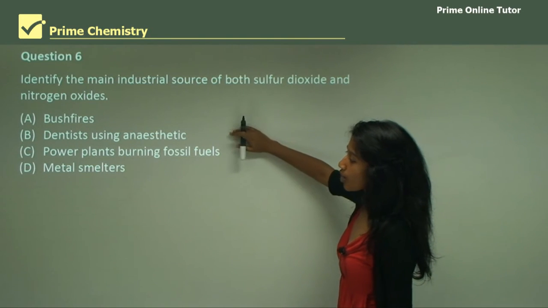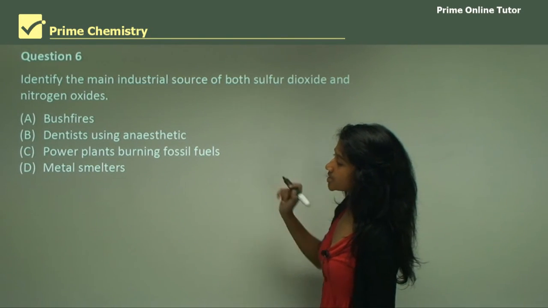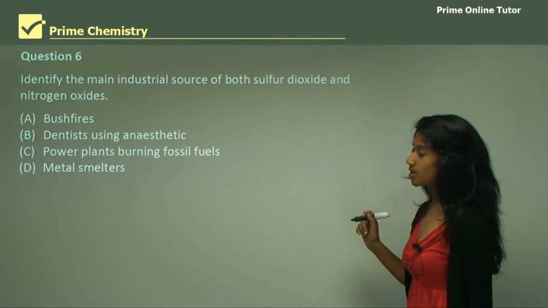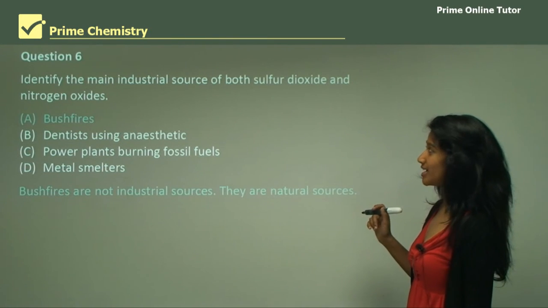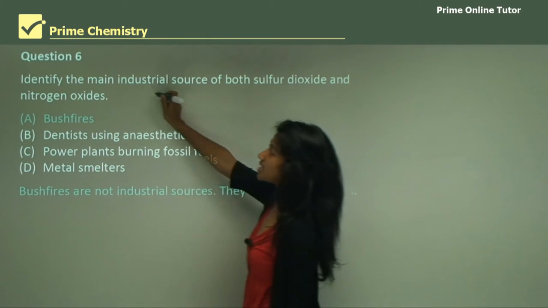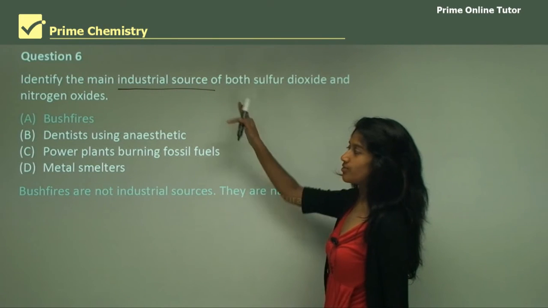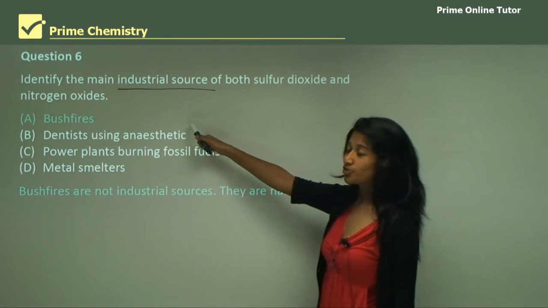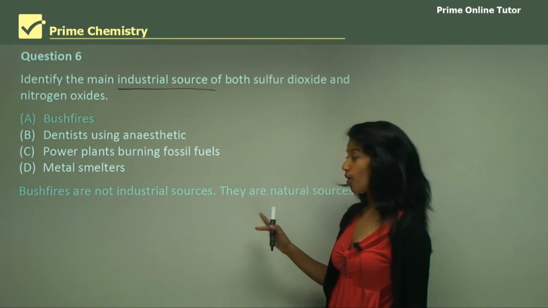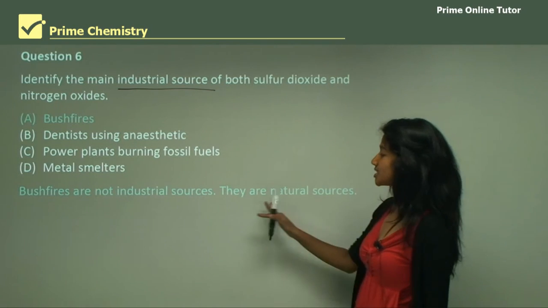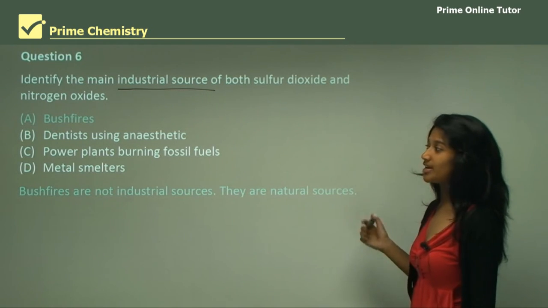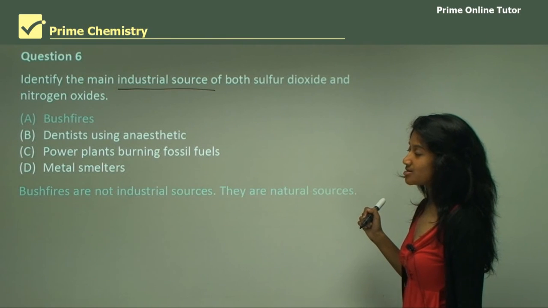We have 4 options here. We'll consider each option one by one. We have option A, bushfires. Now again, the words industrial source are very important. Bushfires are not an industrial source of these oxides because it is a natural source. They happen naturally.